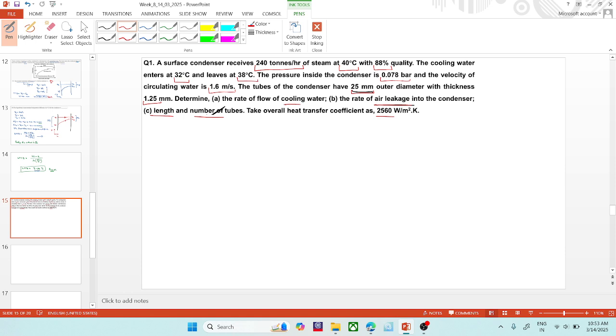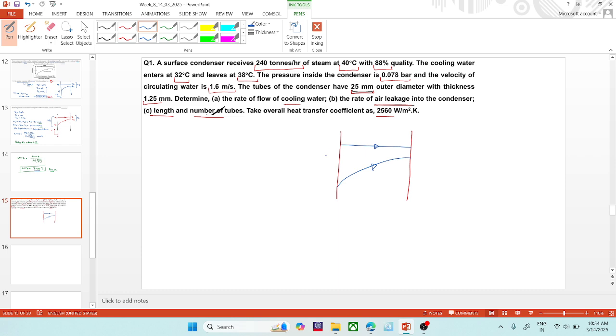Okay, so the temperature profiles would be like this. The steam is condensing at, okay, let me take another color pen. This would be the hot fluid stream, and this would be the cold fluid stream. Parallel or counter doesn't matter when any of the fluids is undergoing phase change.